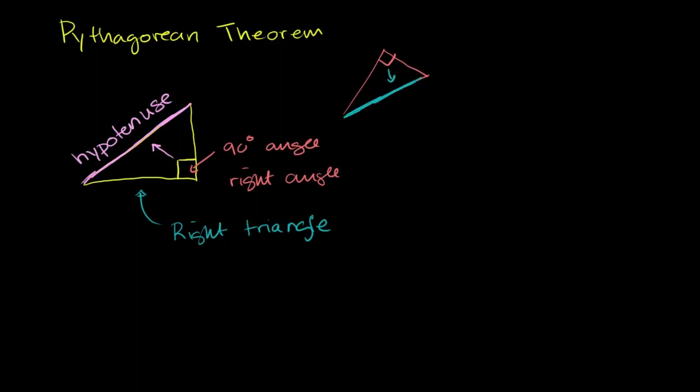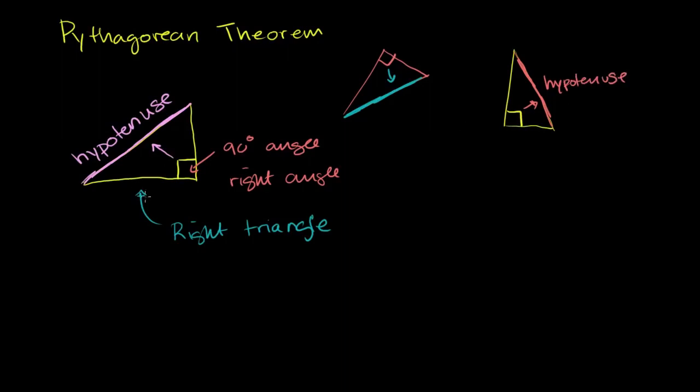It is the longest side. Let me do one more, just so that we're good at recognizing the hypotenuse. Let's say that that is my triangle, and this is the 90 degree angle right there. I think you know how to do this already. You look at what the right angle opens into, and that is the hypotenuse. That is the longest side.